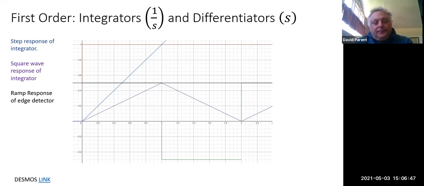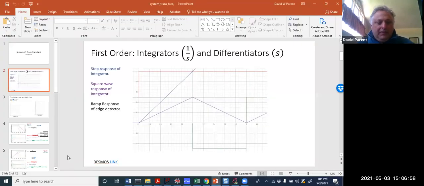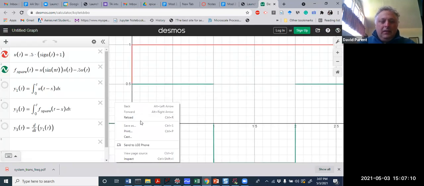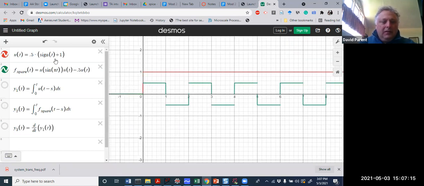So we have a Desmos link, where I have programmed a square wave based off of a step response, right? And then I have some various things, right?